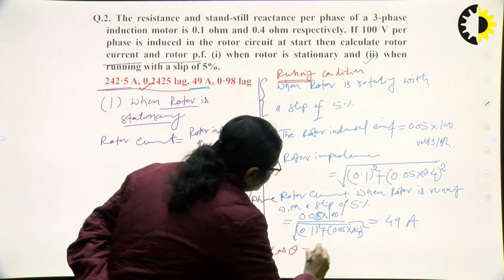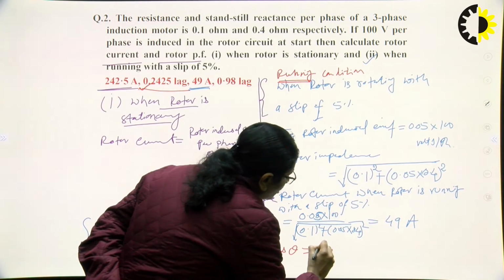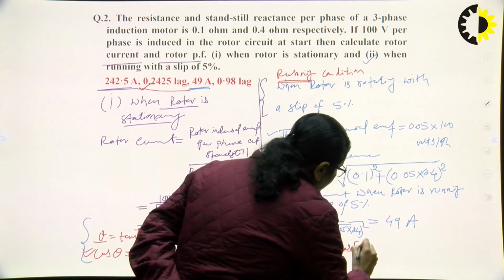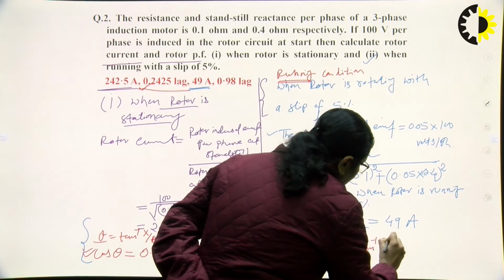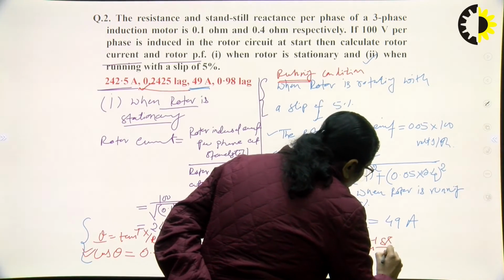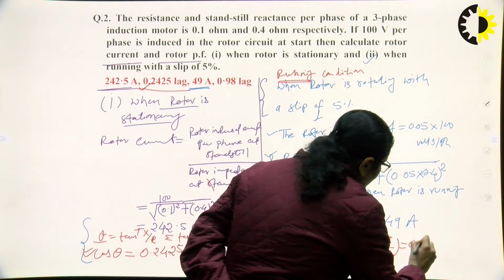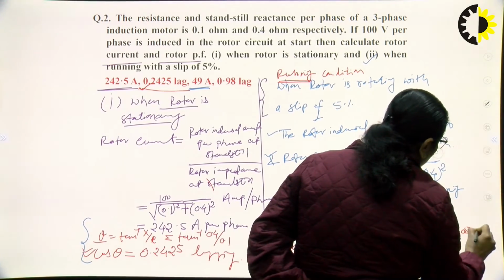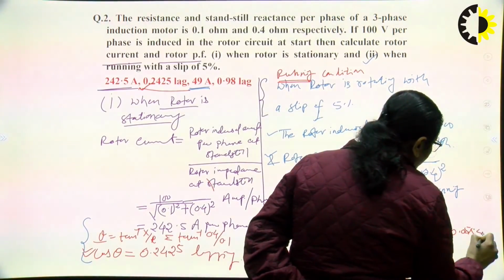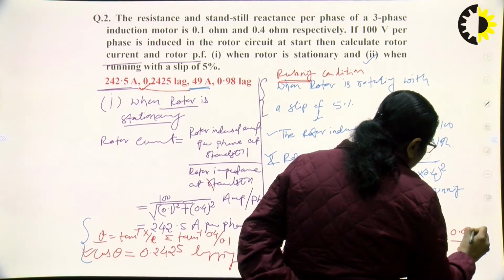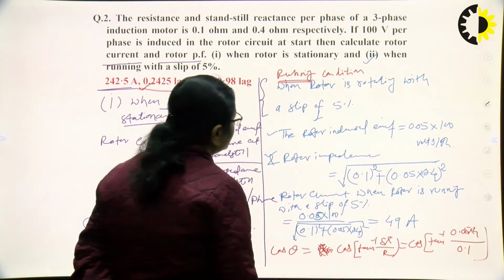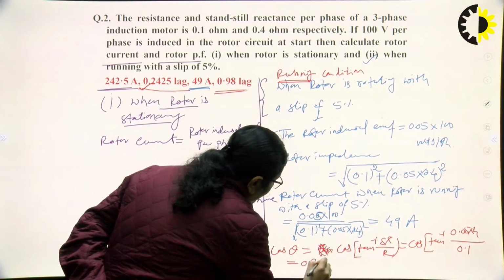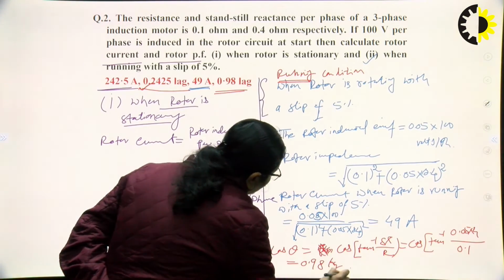So cos theta would be equal to cosine of tan inverse of 0.05 into 0.4 divided by 0.1. Solving this, you will get the operating power factor as 0.98, and of course it is lagging again.